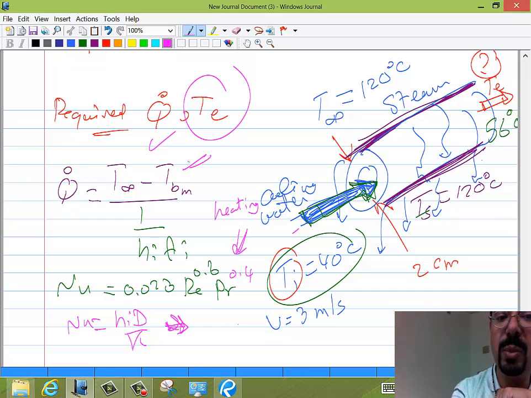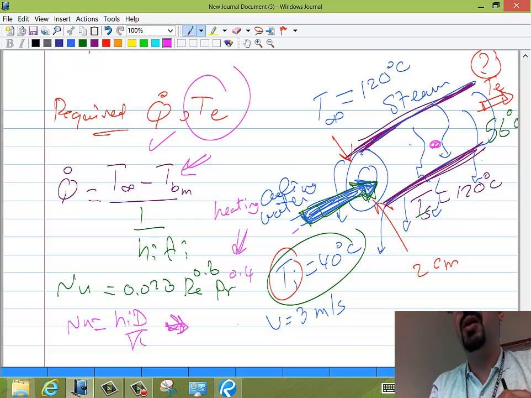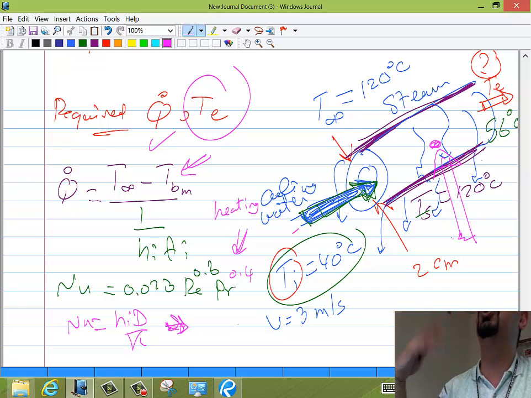So we assume T bulk mean. We assume what is the temperature in the middle. And we said 40 is not a good choice. So anywhere between 40 and 120, but closer to 40. Probably it's not 120. And so what temperature you assume at the beginning will make your solution longer or shorter, depending on how good the assumption is.